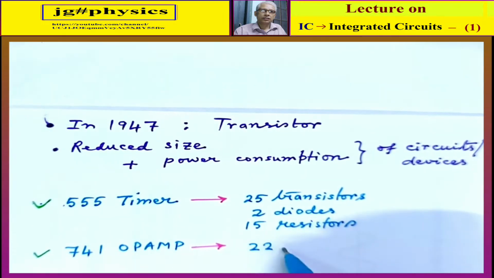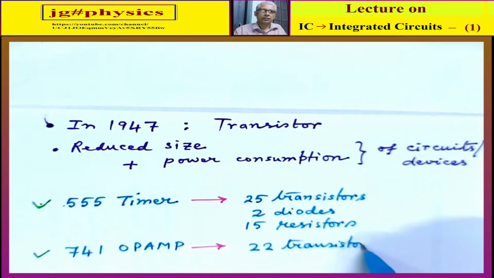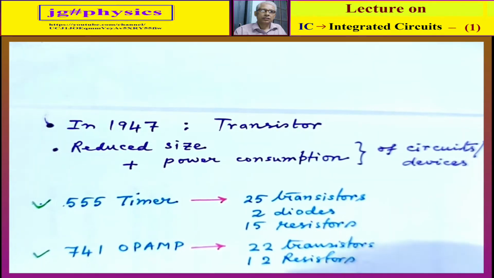That includes 22 transistors, 12 resistors, 1 capacitor.